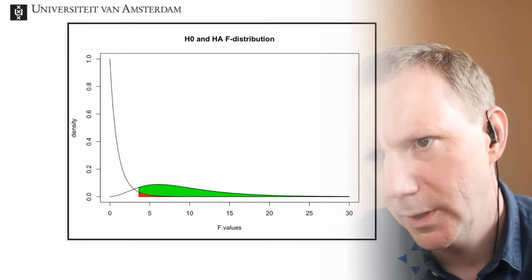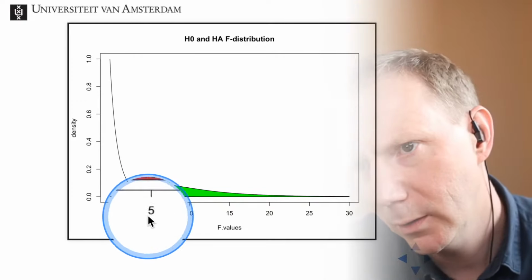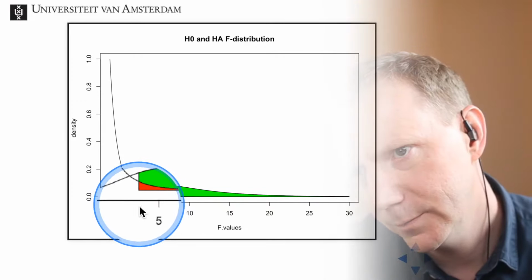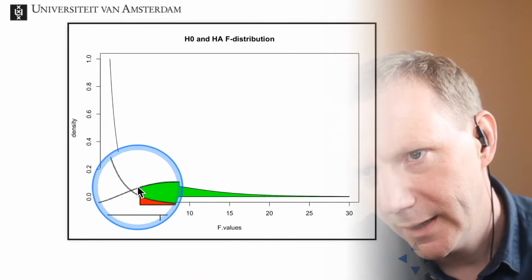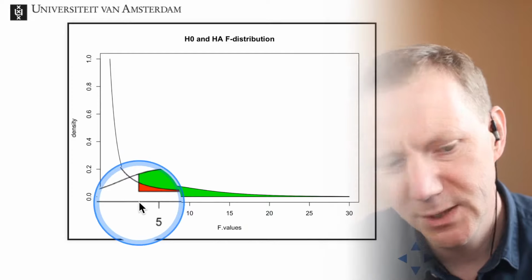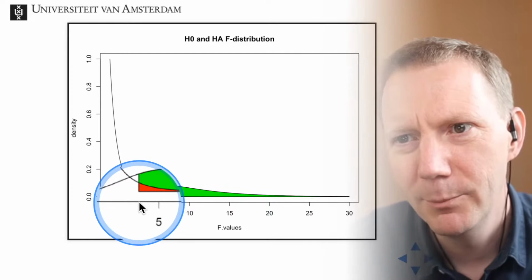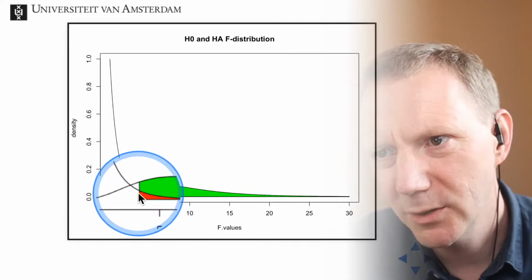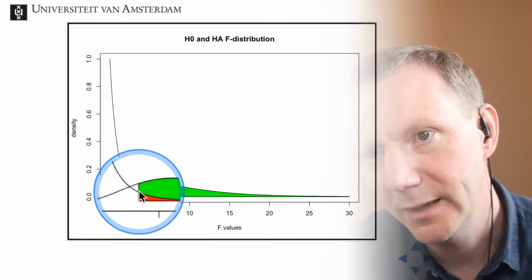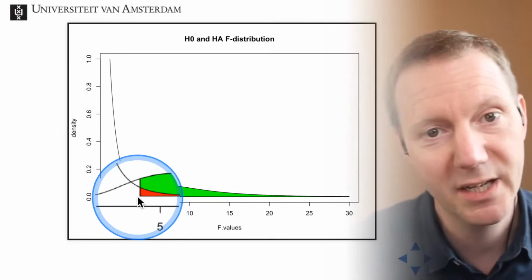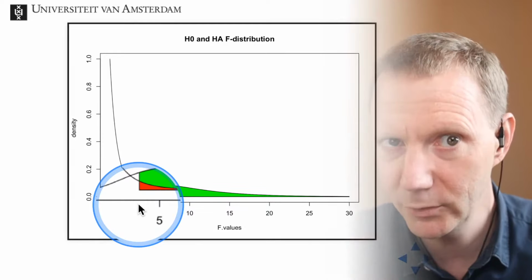So what do we call this F value? We have on the x-axis the F value. Is that the critical value? Yeah, this one is the critical value. Based on choosing an alpha, a type 1 error, and it could be 5%, and in this case it is, but you don't have to.